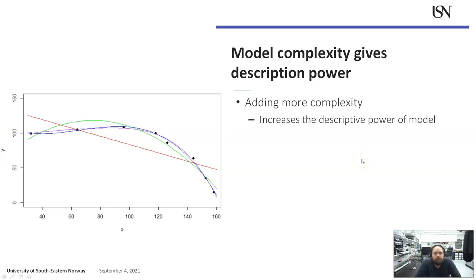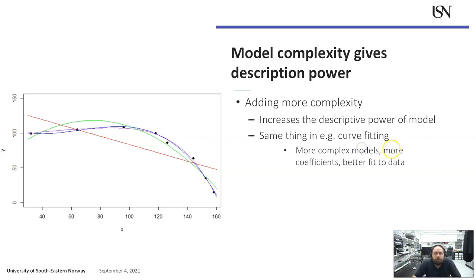But this is not something which is unique to machine learning. You can even show this with something as simple as curve fitting or regression type models. If you have these black points here, which represent our data, and we try to adapt some kind of polynomial to these data points, you can very easily show that if you try to do that with, for example, a first order polynomial, so you have y equal to ax plus b, then you would get a straight line, which in this case is a pretty poor fit to the data points.